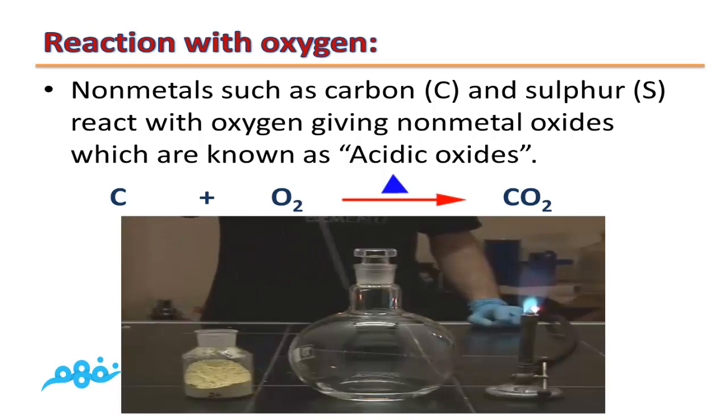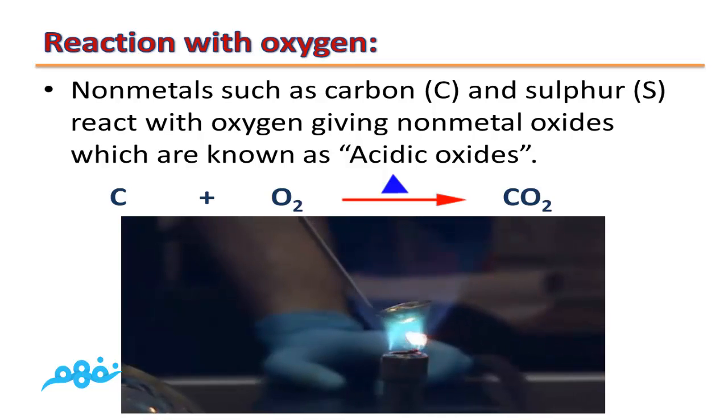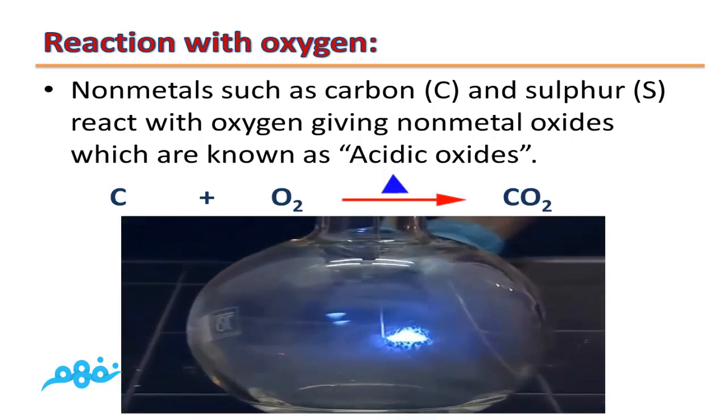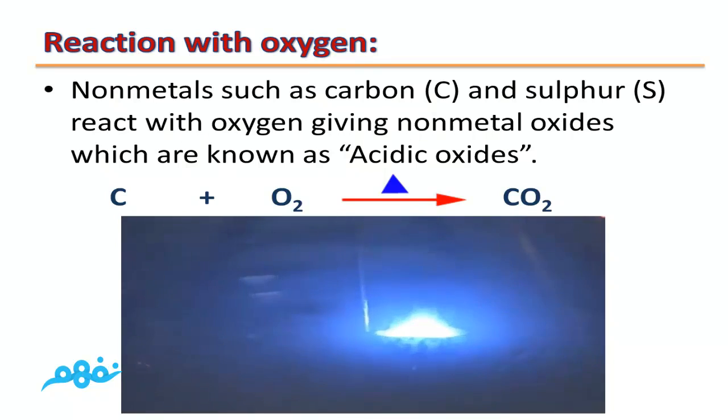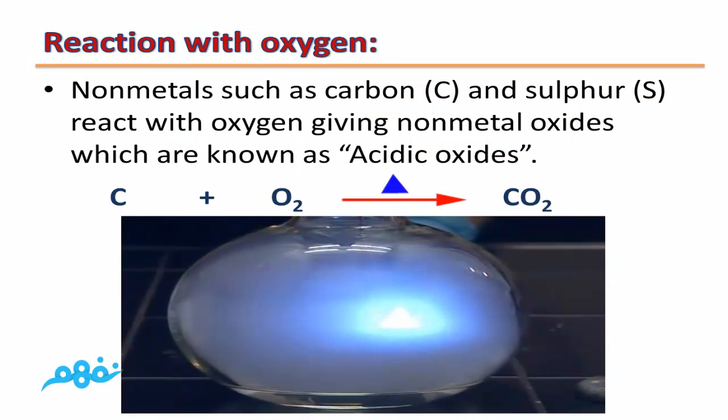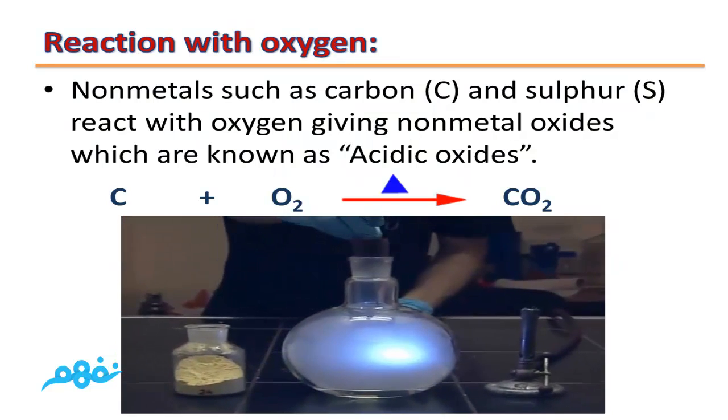Also, if we do the same with sulfur, by heating sulfur strongly and putting it in a container that contains oxygen, sulfur dioxide is formed, which is a non-metal oxide or an acidic oxide.